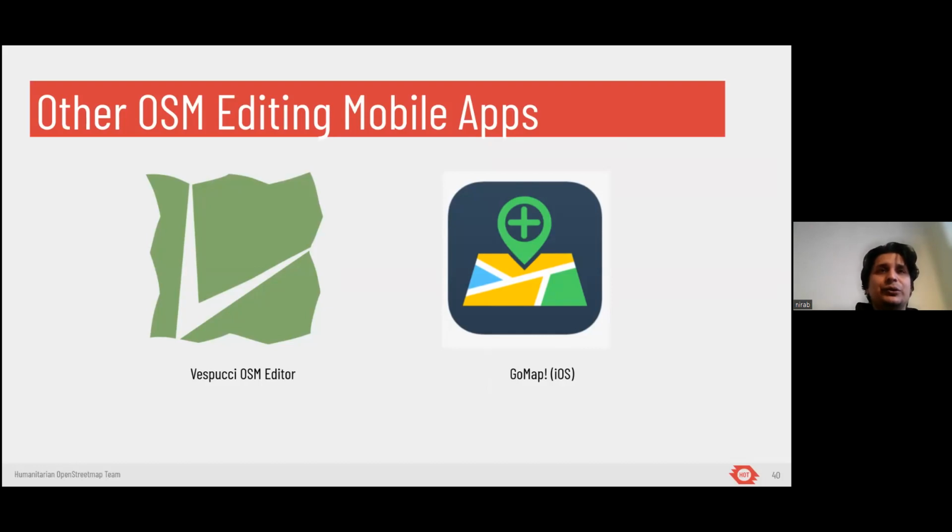But if you want to work on mobile with geometries like ways or areas, then you'll need the Vespucci OSM editor. It allows you to work with polygons as well. And there is also another option similar to StreetComplete for iOS called Go Map!!. You can look at that as well.